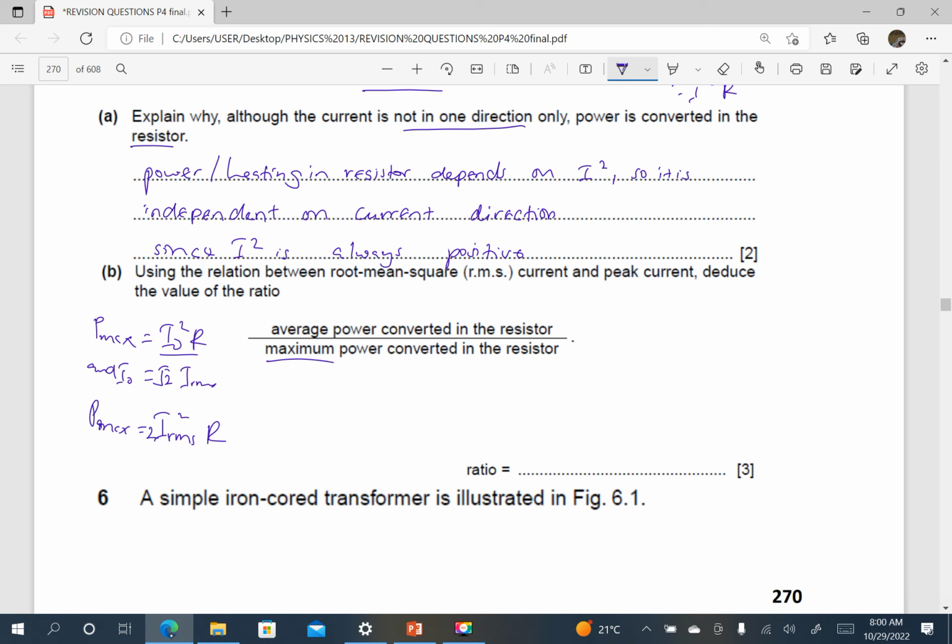It is twice I root mean square squared times R. That is the maximum power, because of substituting for I naught squared.